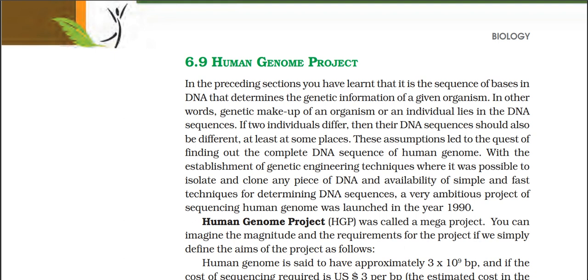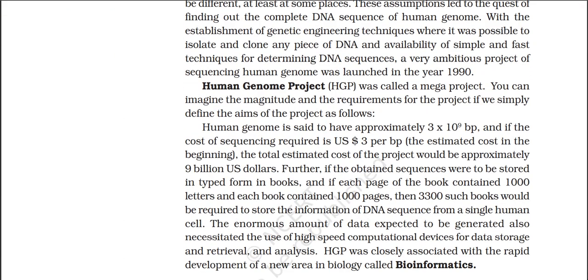You can imagine the magnitude and the requirements for the project if we simply define the aims of the project as follows. Human genome is said to have approximately 3 x 10^9 BP, and if the cost of sequencing required is $3 per BP, the total estimated cost of the project in the beginning would be approximately $9 billion.